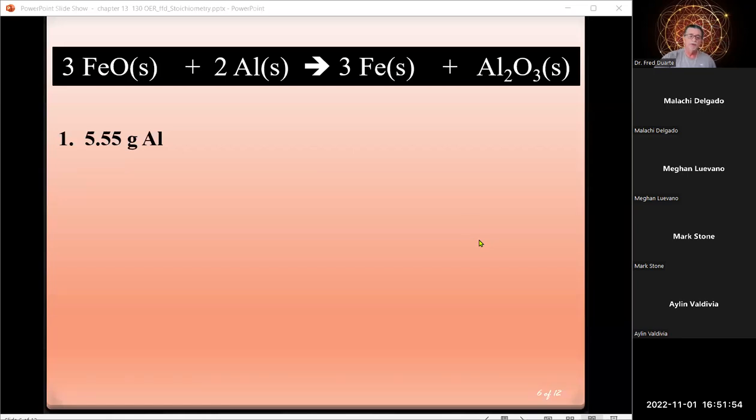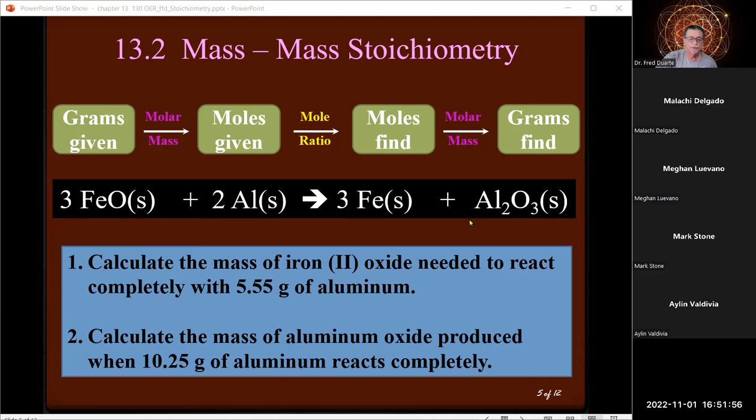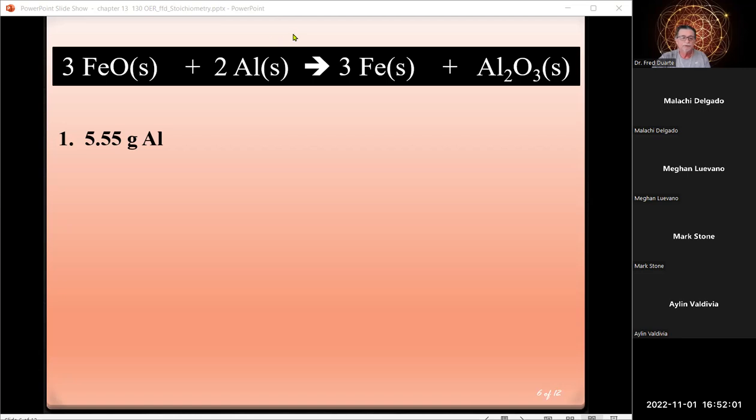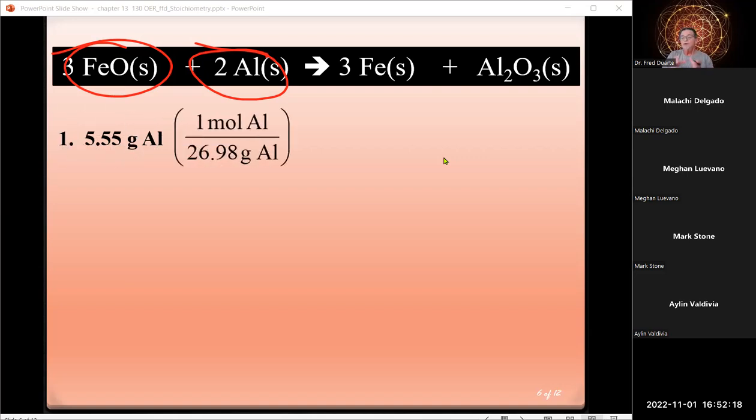From here, we're going from aluminum to iron 3 oxide, so we're only concerned with the relationship between the reactants. We start off with 5.5 grams of aluminum, and we need to convert that aluminum to moles, because remember, we can't go grams to grams. So we take the atomic weight of aluminum.